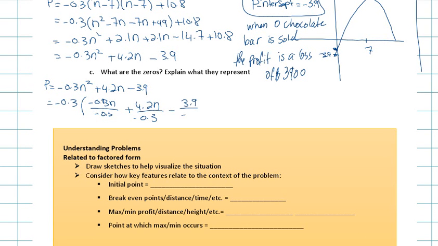Okay, so my first step was to take out the negative 0.3 as a factor. Minus 14n, and then plus 13.